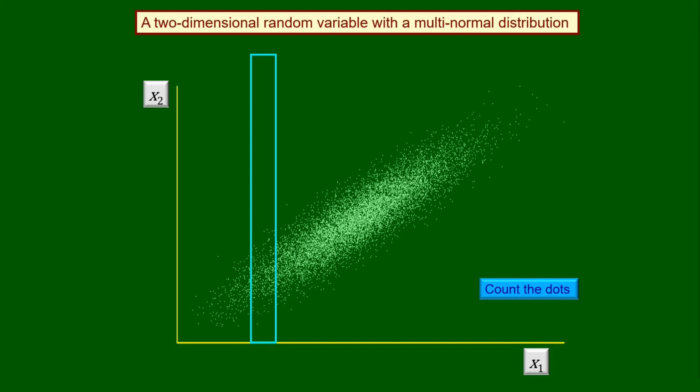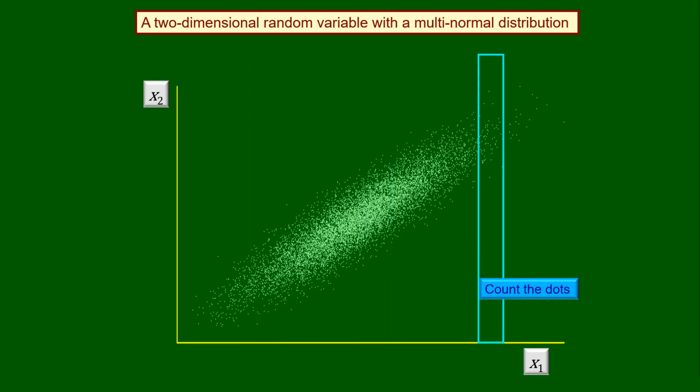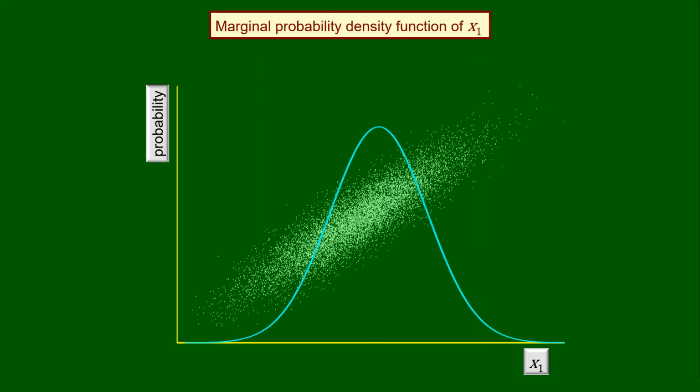So in determining the probability density function for x1, I count the number of dots in this series of rectangles, and I find that it's got a normal probability density function, a bell-shaped curve that we're all familiar with.